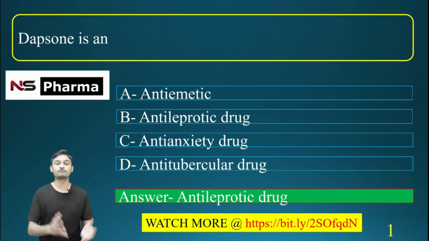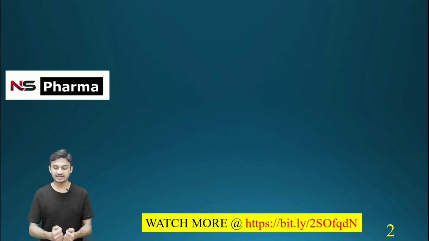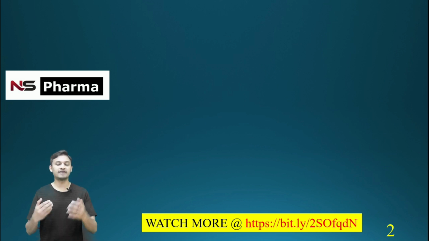Examples are minocycline, ofloxacin, and clarithromycin. So anti-leprotic drugs are classified into 4 types. First one is sulfones, second type is phenazine derivative, third type is anti-TB drug, and fourth type is other antibiotics.